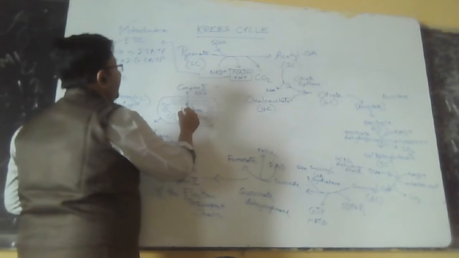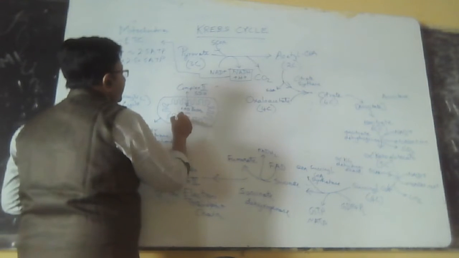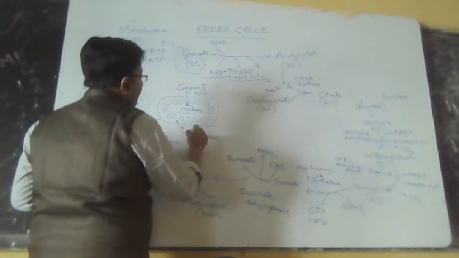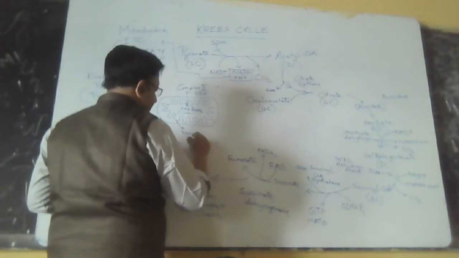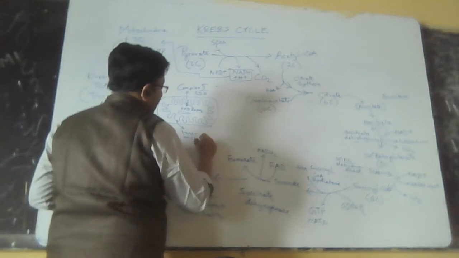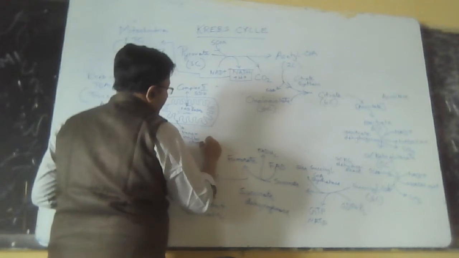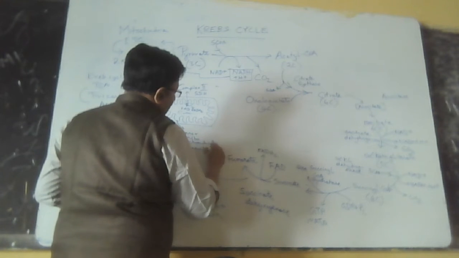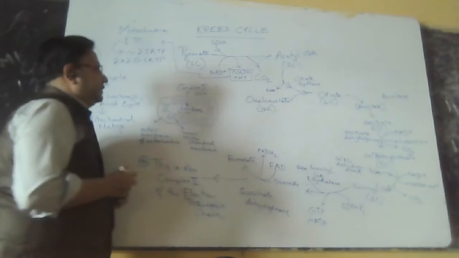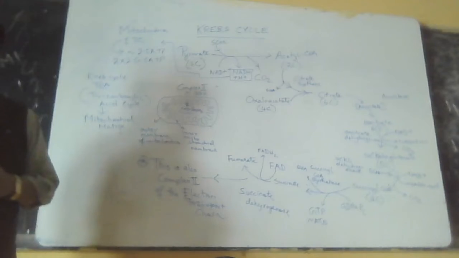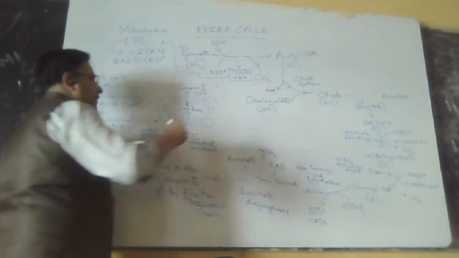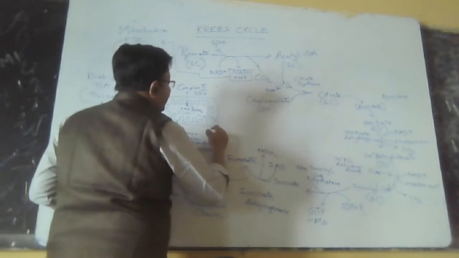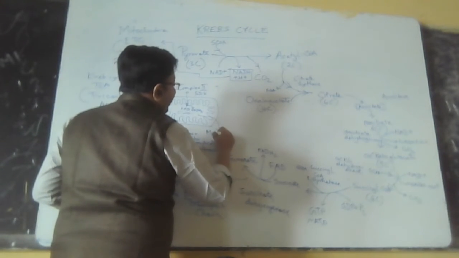The rest of the Krebs cycle enzymes are, this is the inner mitochondrial membrane, and this inner side is the mitochondrial matrix.